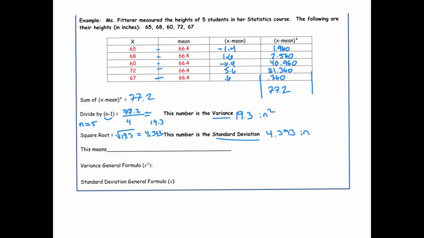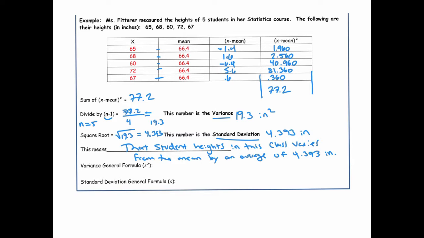So this means that students' heights in this class vary from the mean by an average of 4.393 inches.